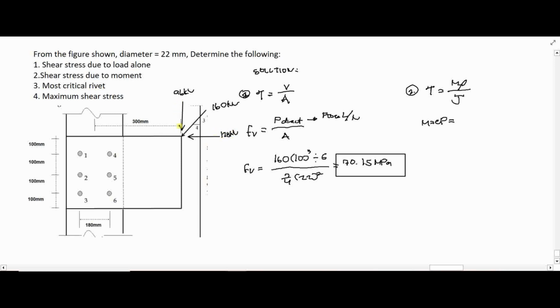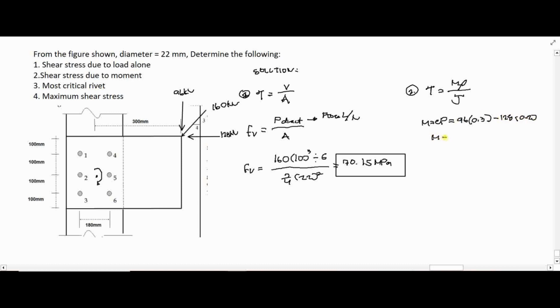These components will cause the torsional moment on the member. The 96 will cause a clockwise rotation, and the 128 will cause a counterclockwise rotation. To get the resulting moment, we add the moments: 96 kilonewton times 300 mm, or 0.3 meters, then since they have opposite directions, minus 128 times 0.2.